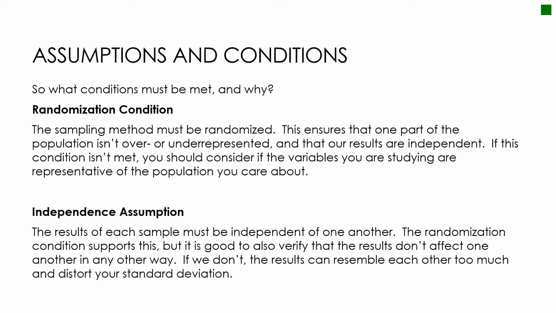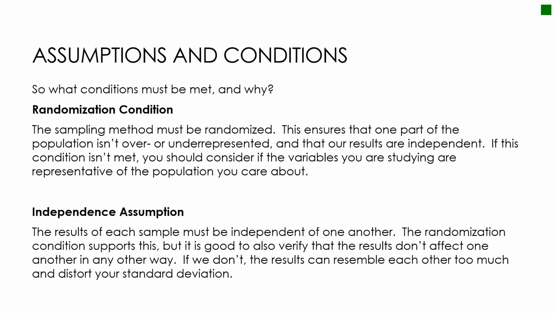Now, before we get too pumped up about the fact that the central limit theorem is awesome, we have to look at our assumptions and conditions. And essentially what we're saying is we need our situation, parts of our situation, randomization, independence, etc., to be met. We need those conditions to be met in order for us to say that that sample is representative of the population.